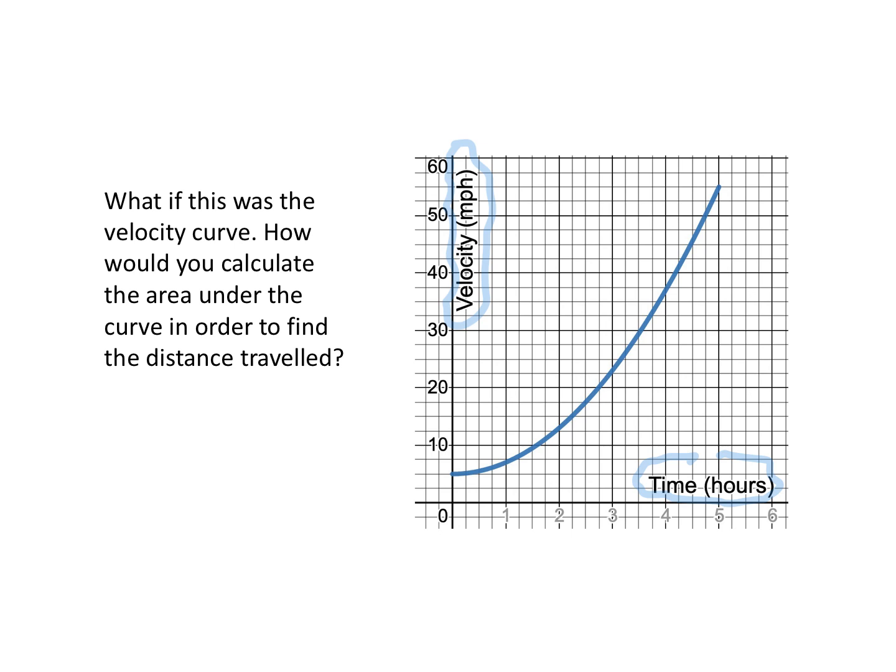Well, if we wanted to determine how far this person travels between 2 o'clock and 5 o'clock, we would basically have to figure out what the area is under this curve in this region. But how are we ever going to do that? This isn't a straight line, so we can't divide it up into rectangles and figure out the area that way. But how would we go about doing that?